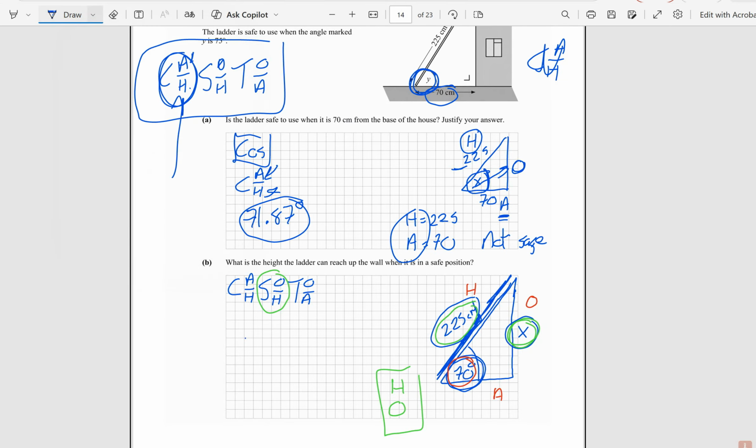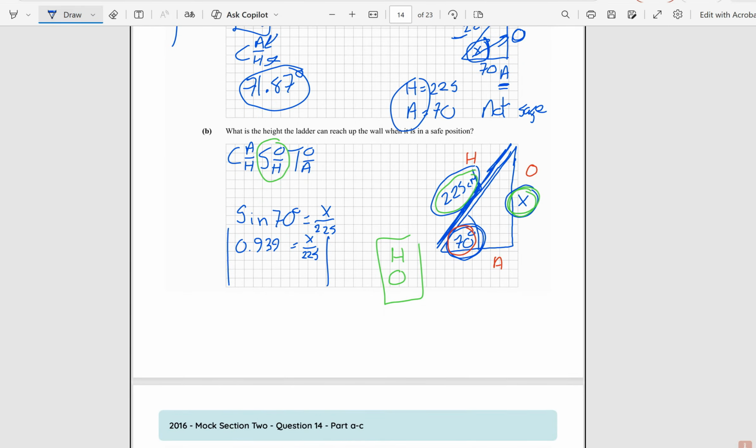So it's sine of 70 degrees equals, and then we have the o, which we don't know, which is x, but we do have the h, which is 225. So find out what the sine of 70 degrees is first, and it's 0.939 equals x over 225.